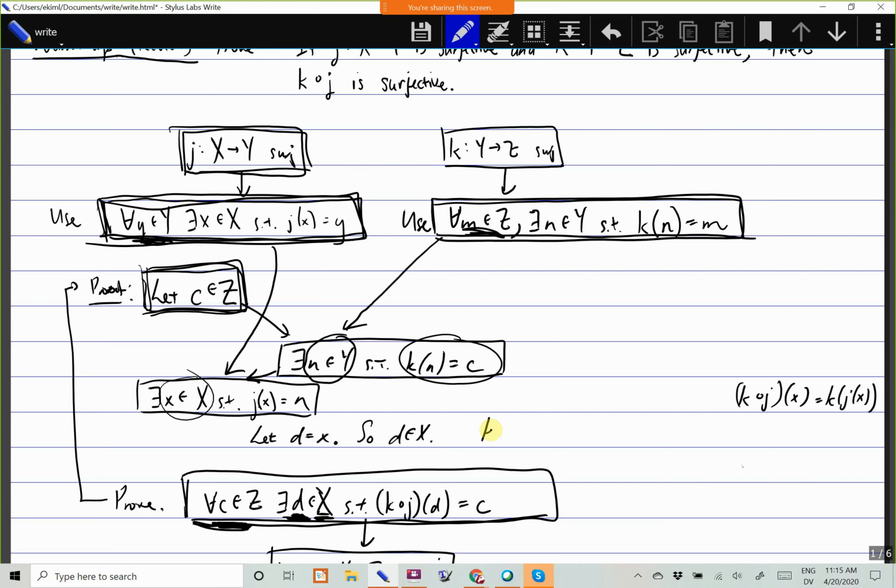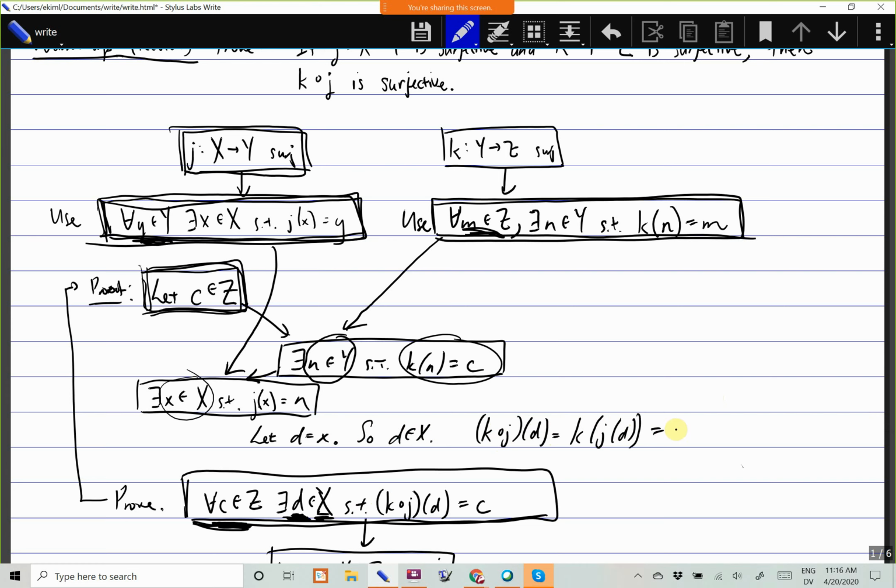So we've got this k compose j of d, and what's that going to be? That's why I left this over here. What the rule does is, take a look, we're taking this as if it's a formula and plugging in every little x with a little d, having k of j of d, and now I can get rid of that.